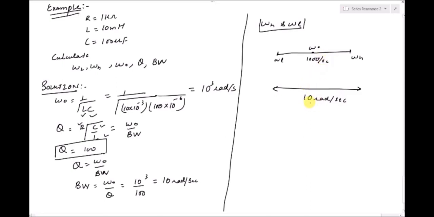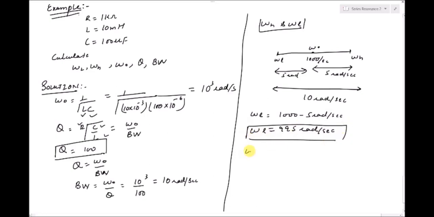So if I divide this bandwidth into two equal parts, it will be 5 radian per second, and again 5 radian per second. So the lower cutoff frequency, omega low, will be equal to 1000 minus 5 radian per second, which is 995 radian per second.